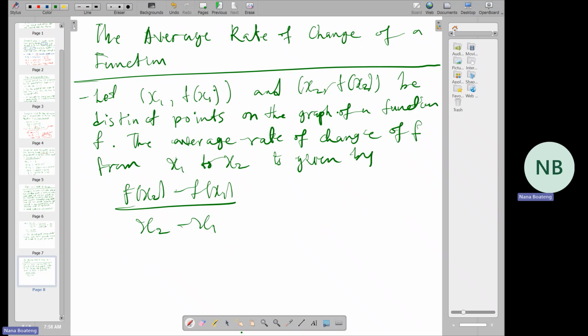So the average rate of change is similar to finding the slope. We have two points, x1 and its corresponding y value, f of x1, and x2 and its corresponding y value, f of x2. To find the average rate of change between these two points, we essentially find the slope between them. So let's look at this example here.